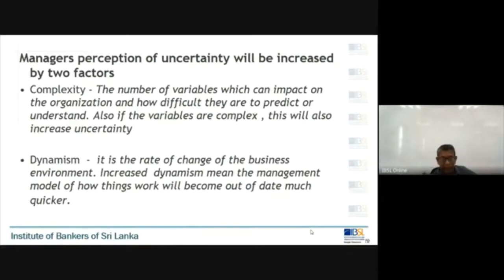That is why we need to constantly review and monitor the strategic plan of the organization because of these two factors. Because of these two factors, we need to constantly monitor our existing strategic plan.